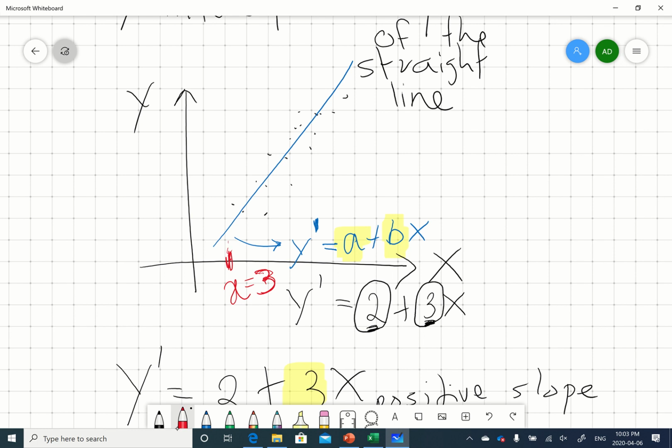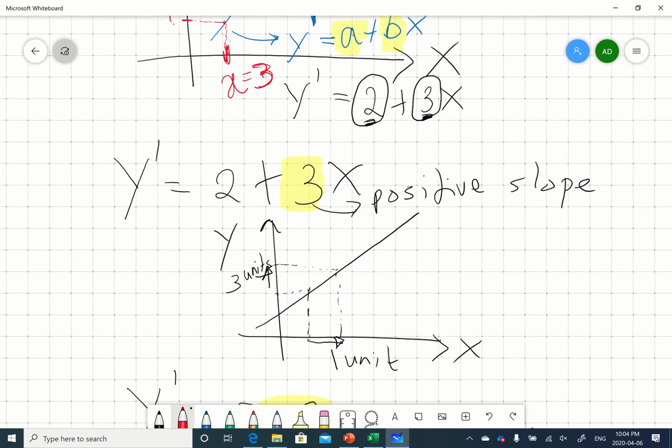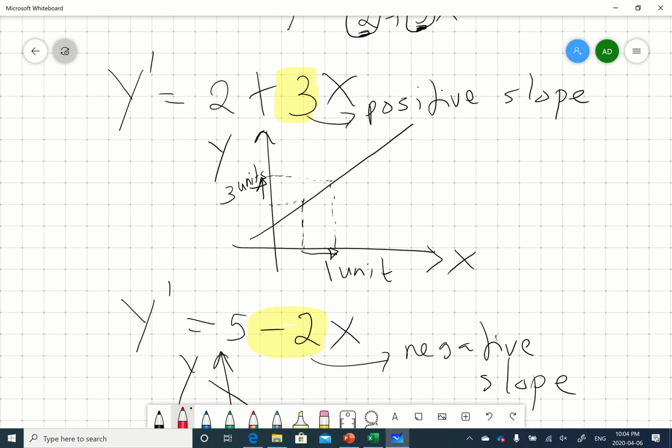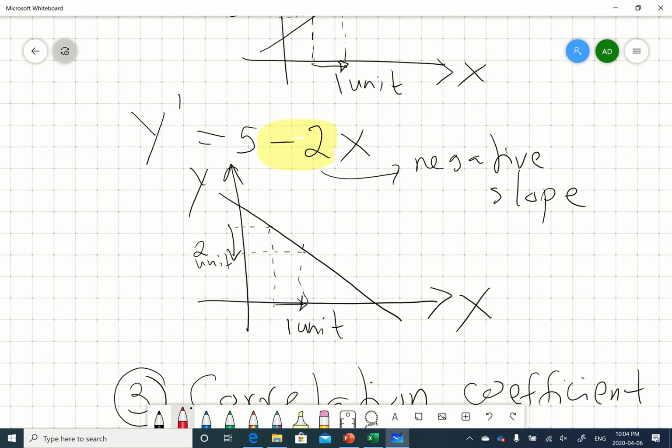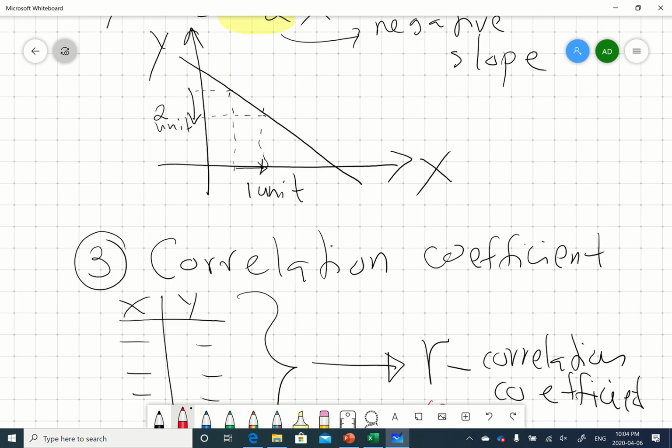You can use this regression line, go straight up, and read the predicted y value. So in addition to figuring out the association between x and y, we can use the regression line to make predictions. If the slope is positive, we know the association is positive. And if the slope is negative, the association is negative.